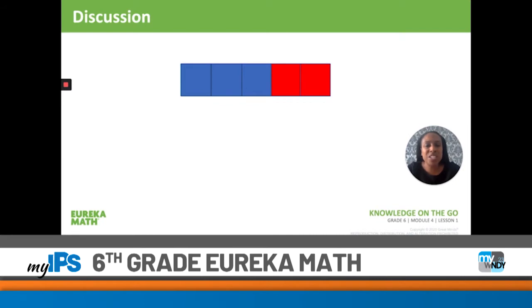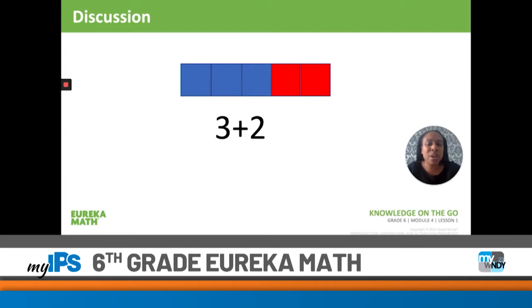Write an expression to represent how we created a tape diagram with 5 squares. 3 plus 2 is the expression that represents this tape diagram. 3 represents the first 3 blue squares, and 2 represents the second part of 2 red squares.